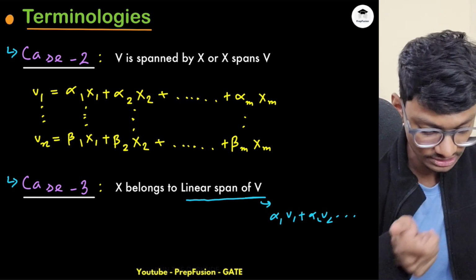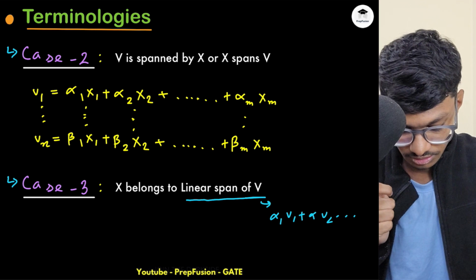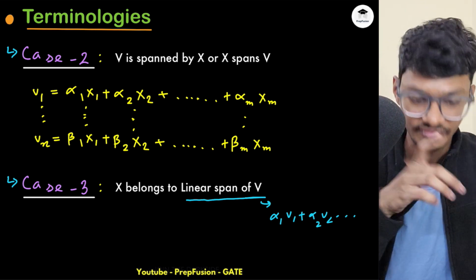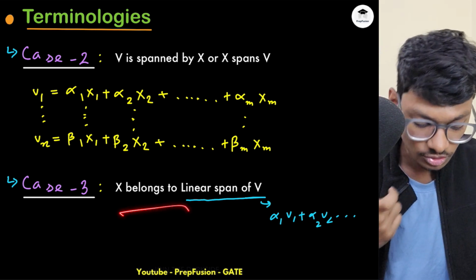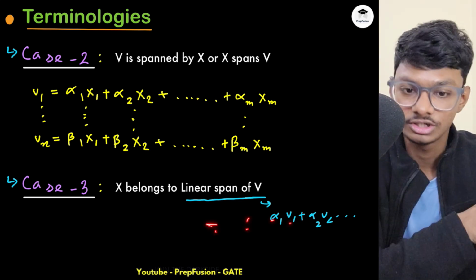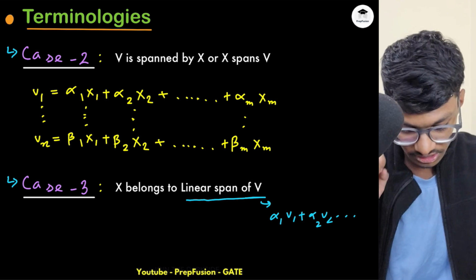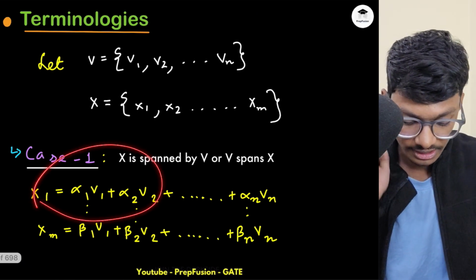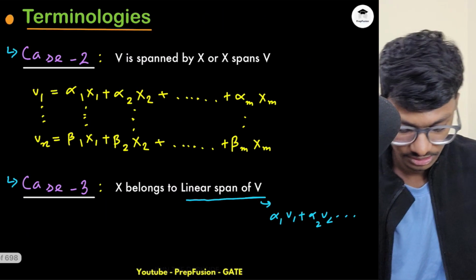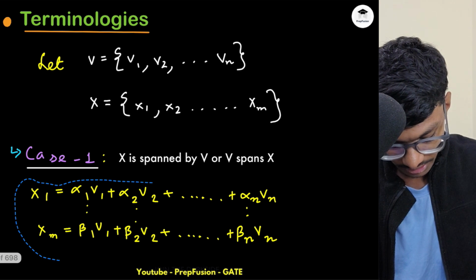This is what the linear span of V means, so I'm spanning throughout the V vectors. Now X belongs to this linear span, so X is equal to this. So I can write the first statement, that X is spanned by V. In this case, this will be the same as that: X is spanned by V.